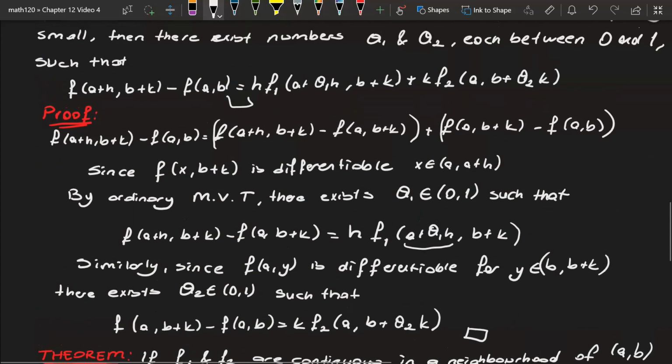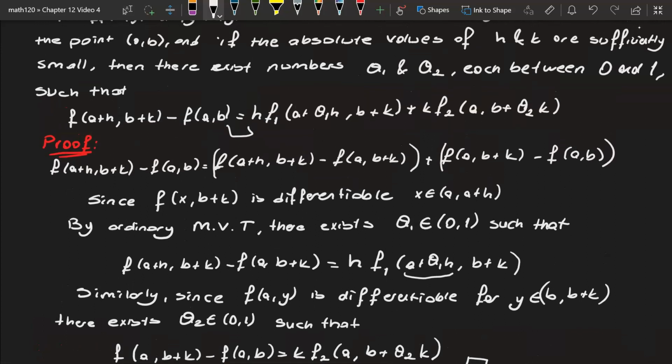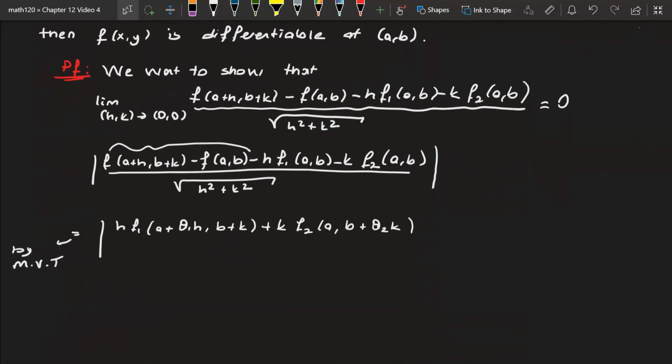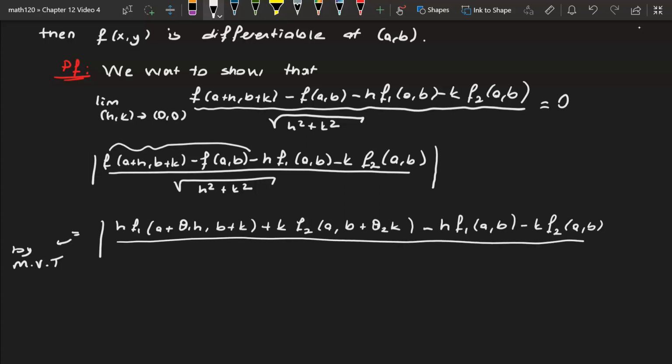Here you see, I'm just using this equality. Okay, and what else we have? We have minus h f1 ab minus k f2 ab over square root of h square plus k square.